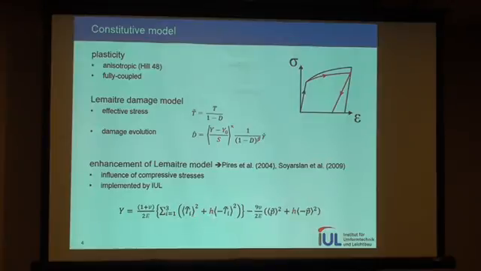So if the parameter h is equal to 1, we have the ordinary Lemaitre model. If the parameter h is 0, no negative stresses will be considered in the damage evolution. A typical value for h is 0.2.